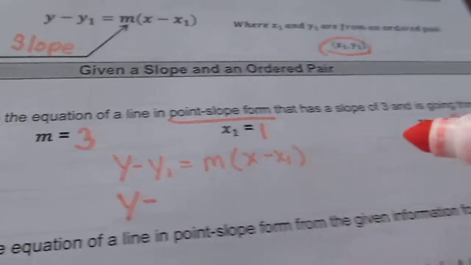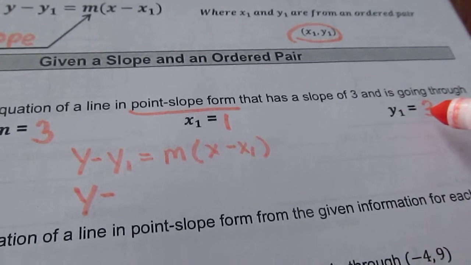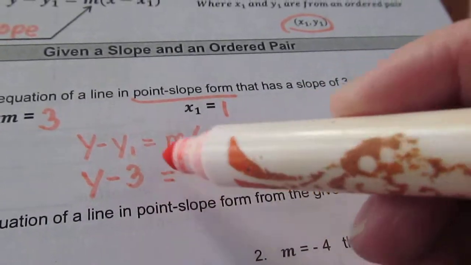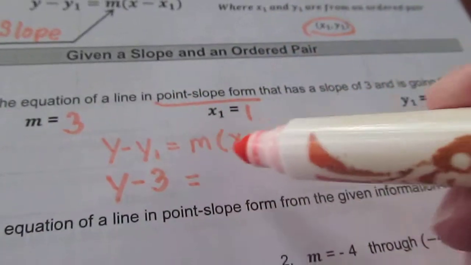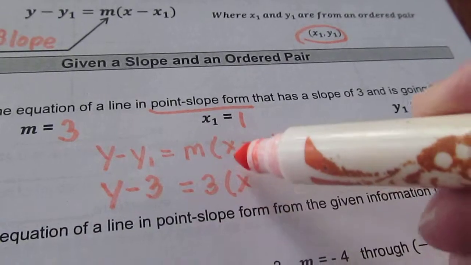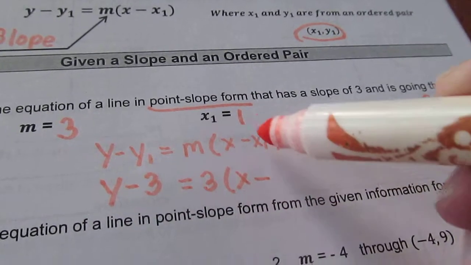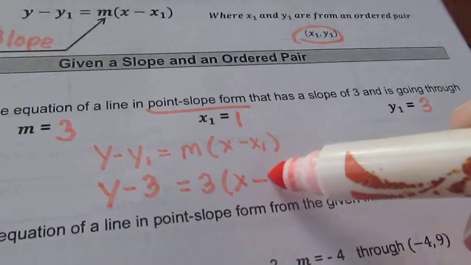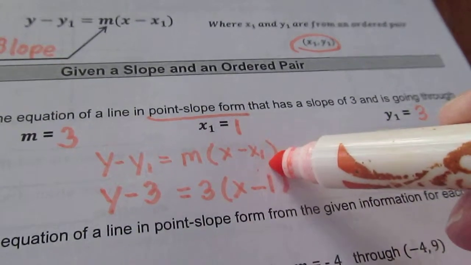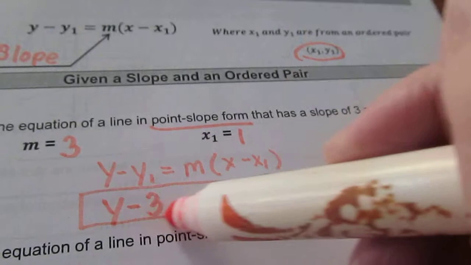The y1, we substitute in the number 3. The slope also is 3 in this equation. This x always stays x. And then we're going to substitute in for x1 the number 1. And then we're done. This is the equation in point-slope form.